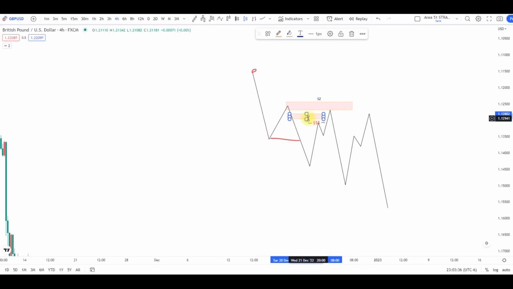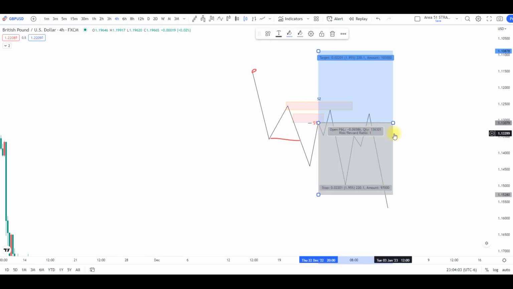A lot of traders, when the price gets to this zone, the market makers or the institutional traders create this mini structure of highs, pretending like the market is about to reverse from this so-called supply zone, which is not a supply zone yet.